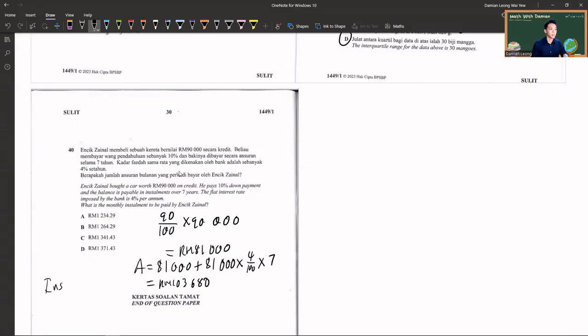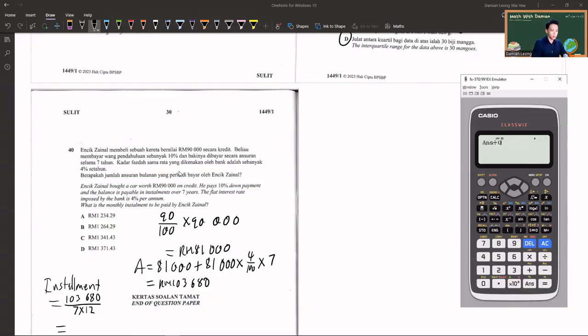Okay. Dan monthly installment, ansuran bulanan ialah 103,680. So kami bagi dengan nombor bulan. So number of months, so 7 times 12.